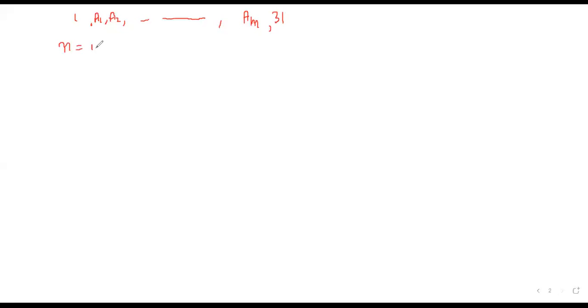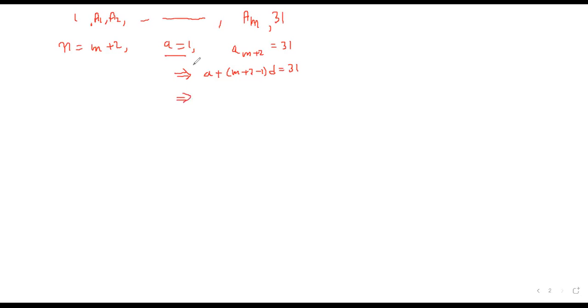First term is 1 and the m plus 2th term is 31. So when we use the formula for the nth term of AP, in place of n it is m plus 2, minus 1, into d equals 31.